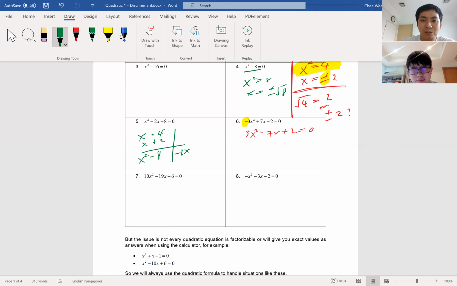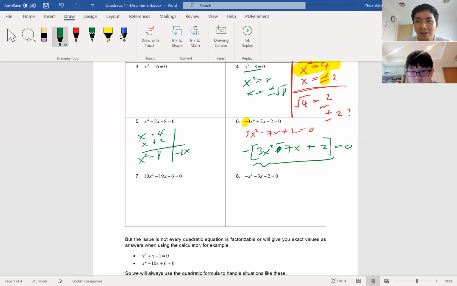Otherwise, you can do something like this: minus 3x squared plus 7x minus 2 is equal to 0, then you focus on factorizing the green bracket. This just means that the original equation is not compromised or amended in any way.